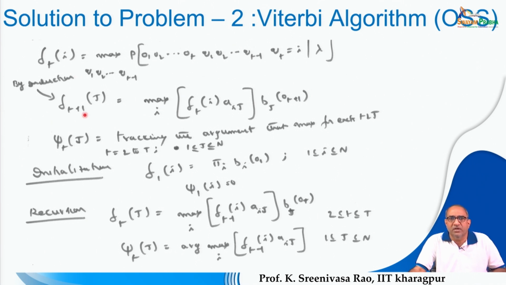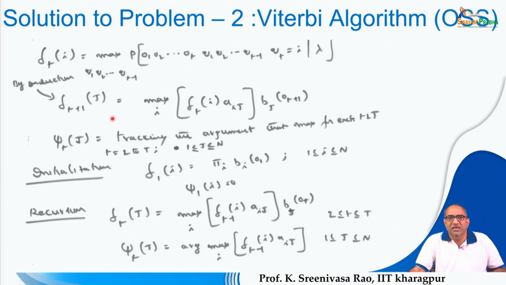By using induction you can compute the next time instance, that means delta t plus 1 of j can be computed using induction, the same way we have done before. Delta t plus 1 of j is nothing but the maximum probable single state sequence that is terminating in state j at time t plus 1.